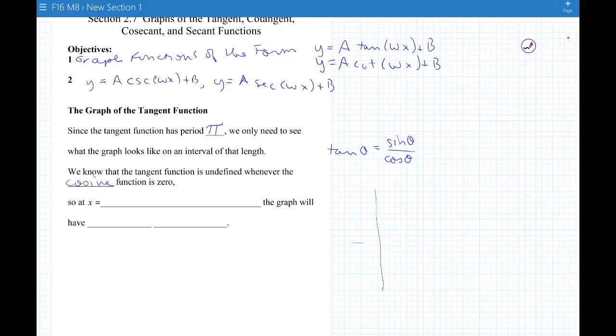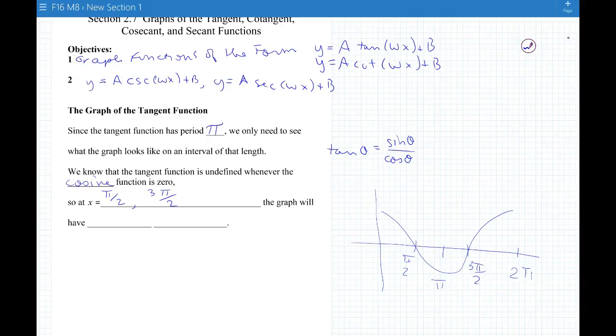So now that we know what these cosine graphs look like, here's 2 pi, here's pi, pi over 2, and 3 pi over 2, we can see that the cosine function is 0 when x equals pi over 2 and 3 pi over 2.